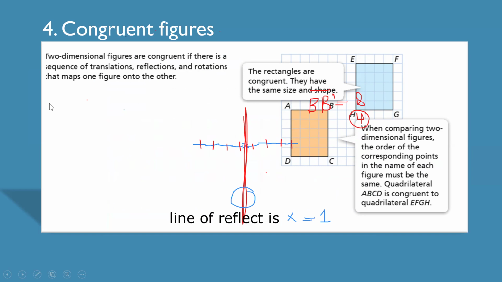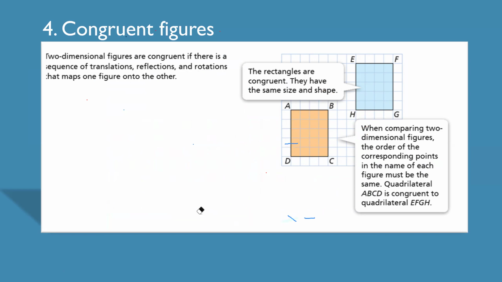Okay, next one. We will talk about congruent figures. We said we will cover 5 concepts here: translation, reflection, and now congruent figures. Congruent figures means the figures are equal. The sides are equal. The angles are equal.